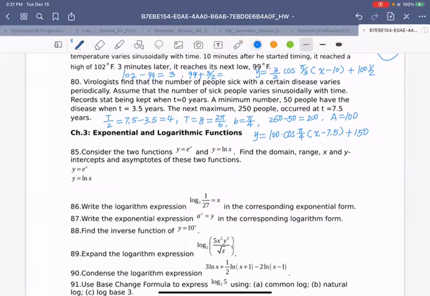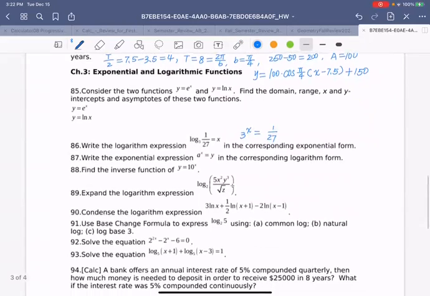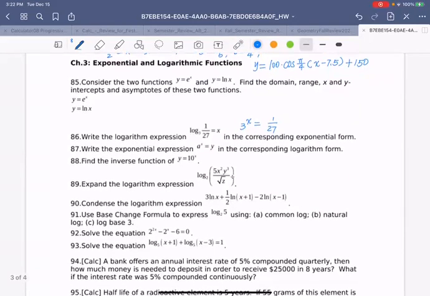Well, this is too easy. What else? 81. Write that one in the log format. So that is log a y equals x.